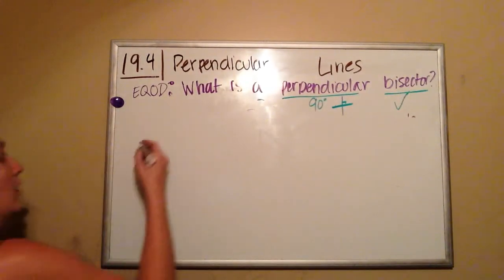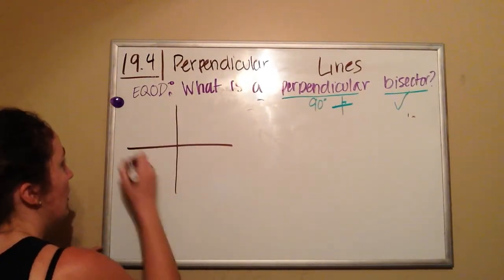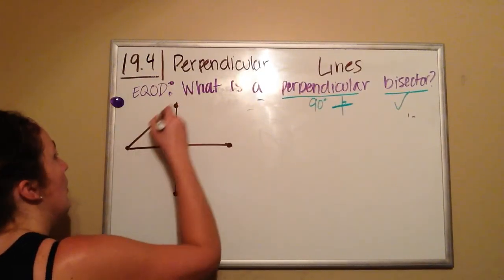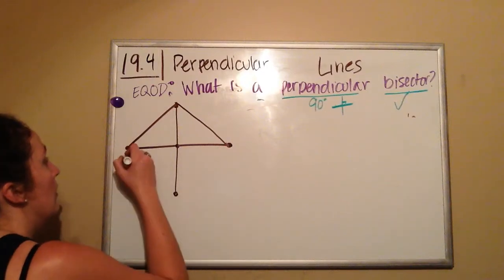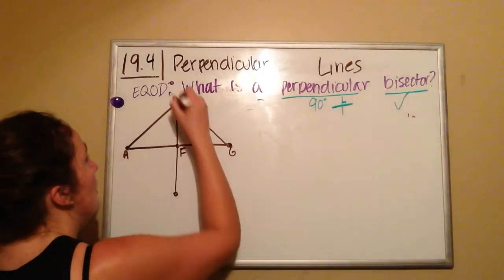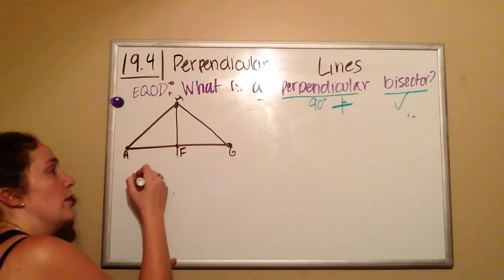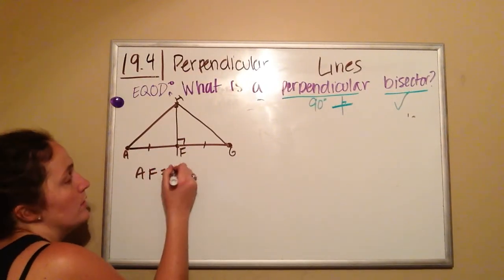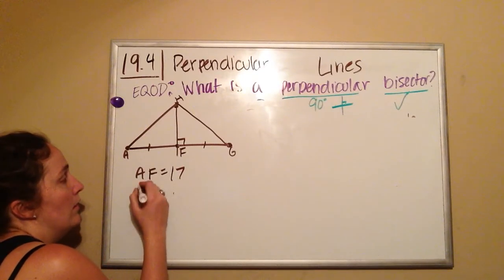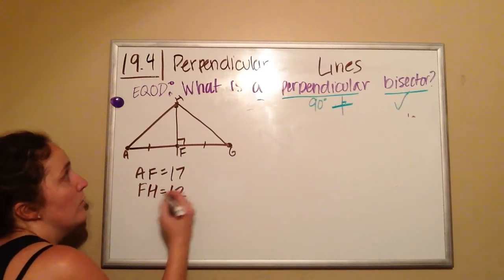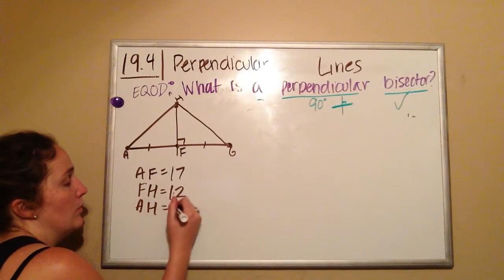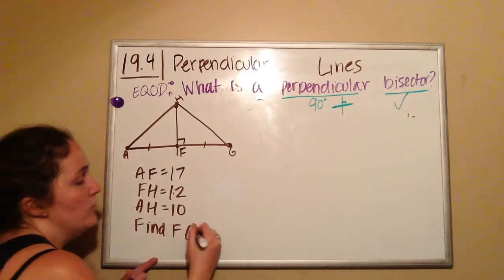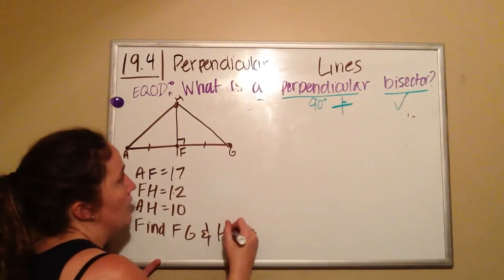So, A, F, G, H. Let's say we know AF is equal to 17, FH is equal to 12, AH is equal to 10, and we want you to find FG and HG.